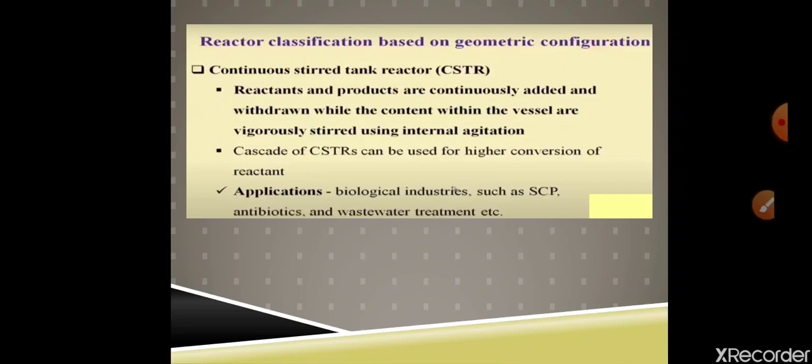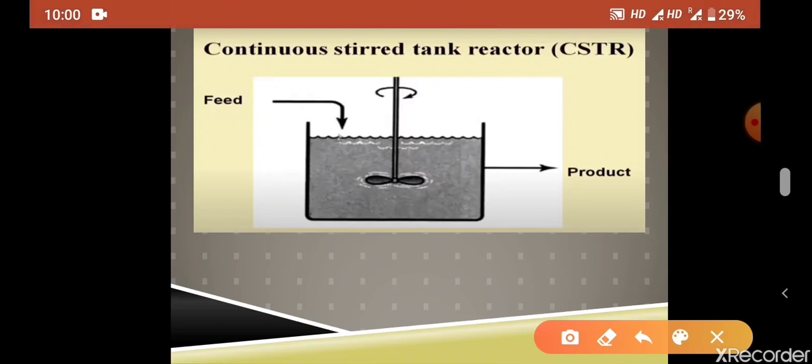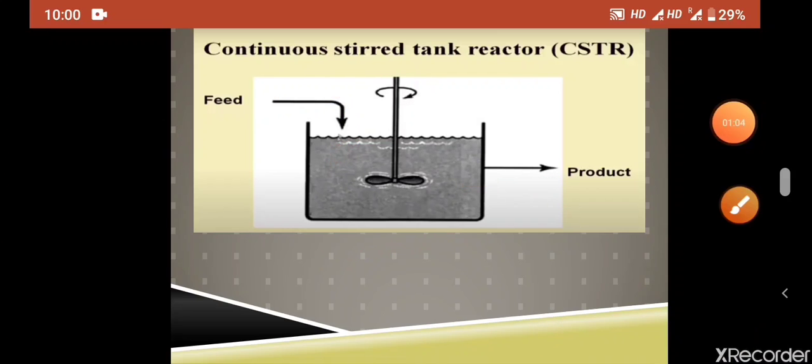We pass the substrate from one end and take the product from the other end. So this is the schematic representation of the continuous stirred tank reactor.